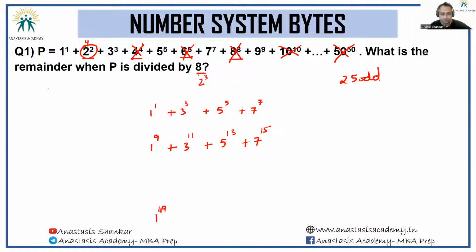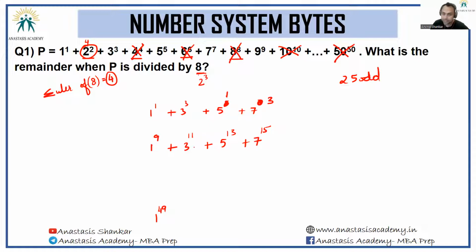Another fun thing, the Euler number for 8 is equal to 4 itself, which means I don't need to look at 5 raised to the power 5. I can happily replace it with 5 raised to the power 1 and 7 raised to the power 3.